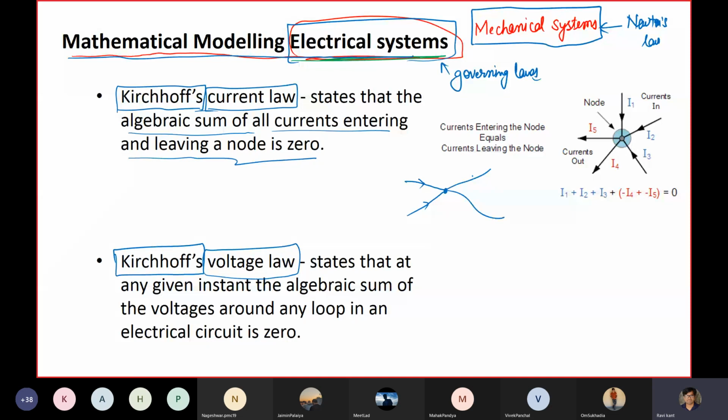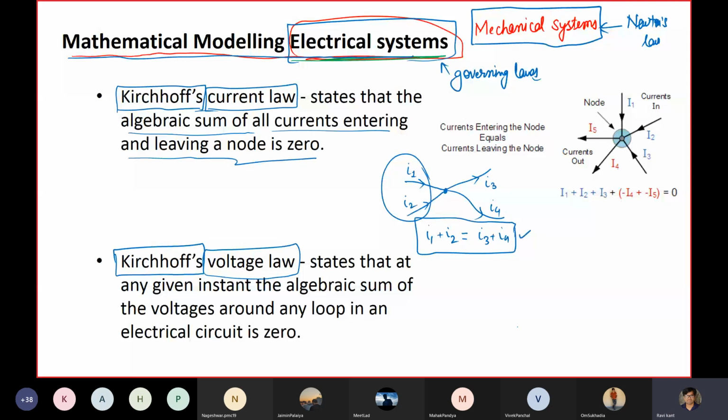If the current flowing here is I1 and the current flowing here is I2, and here the current flowing is I3 and here I4, then all currents entering, I1 plus I2, must be equal to I3 plus I4. That's all you need to know about it.